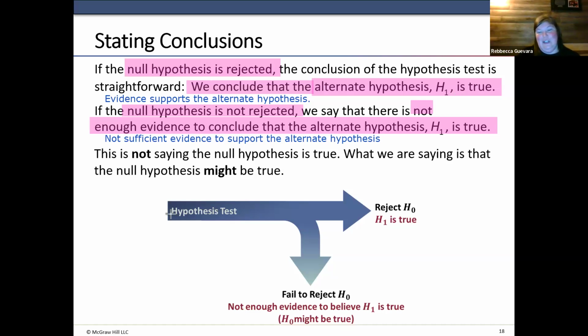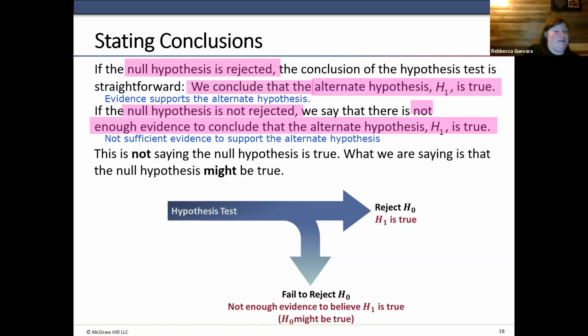So in hypothesis testing, you either reject the null hypothesis and say the alternative hypothesis is true, or you fail to reject the null hypothesis, and then you just don't have enough evidence that the alternative is true.